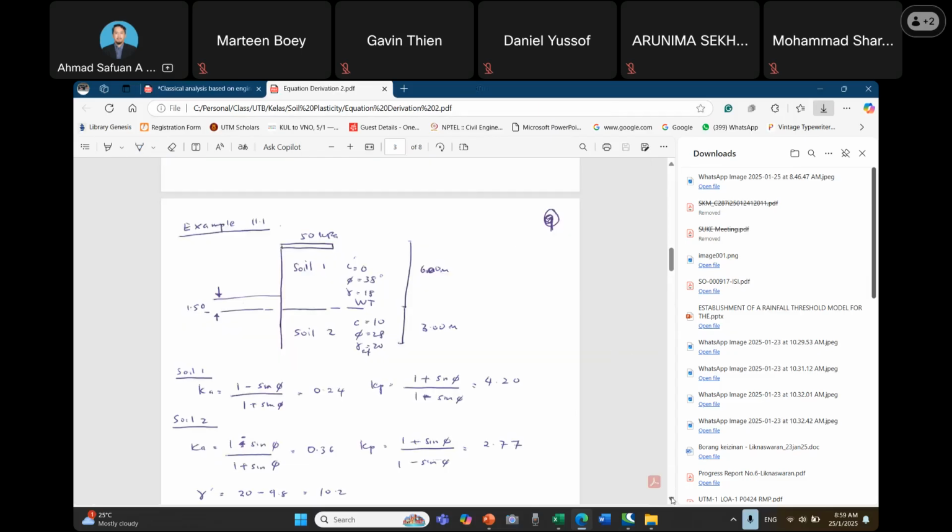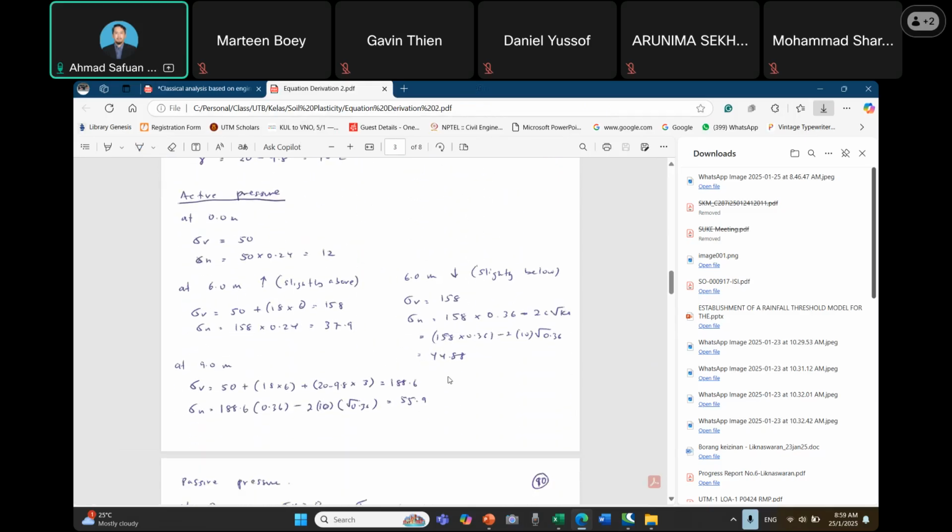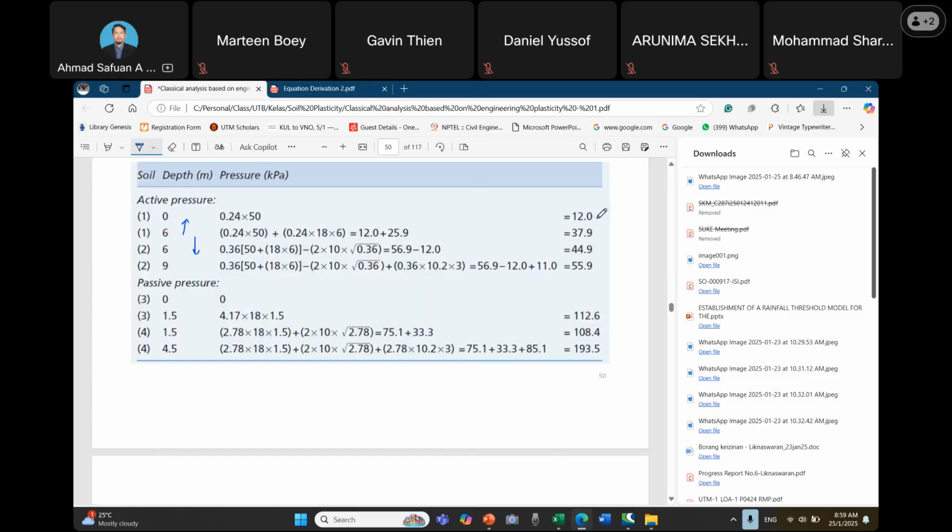So then we look at how the solution works. I explain here slightly above and slightly below. Since there is a surcharge on top of the soil, we need to consider the surcharge value as a vertical effective stress, then multiply with 0.24, then we obtain 12.